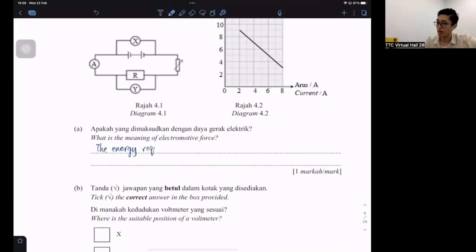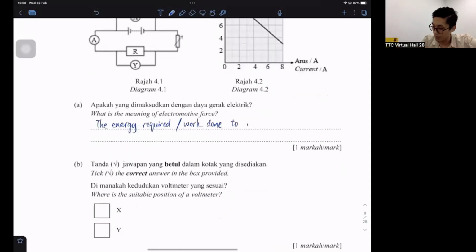Okay, the energy required or the work done to move 1 coulomb of charge around a complete circuit.